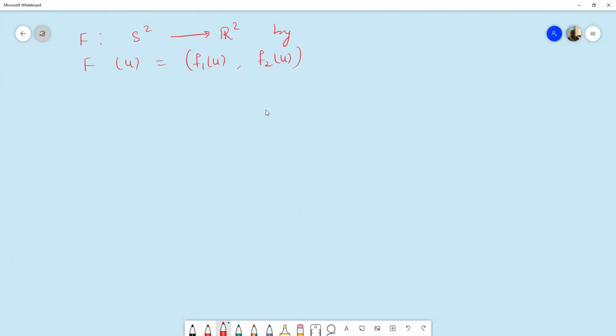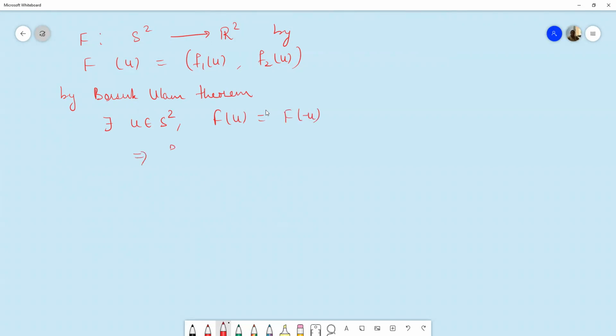Now the Borsuk Ulam theorem says that if we have a continuous mapping from S2 to R2, then there exists a point in S2 such that the image of that point and its antipodal point are the same. So by the Borsuk Ulam theorem, there exists u in S2 such that f of u is equal to f of minus u.